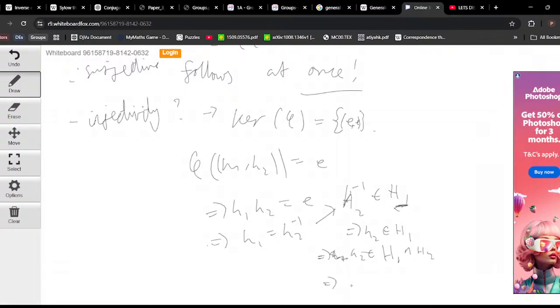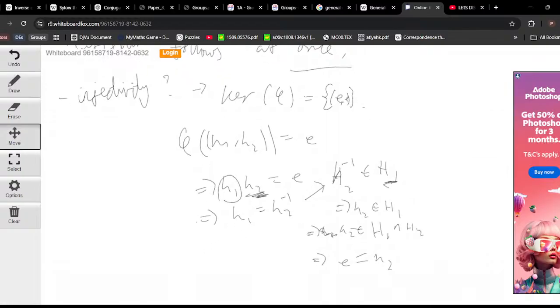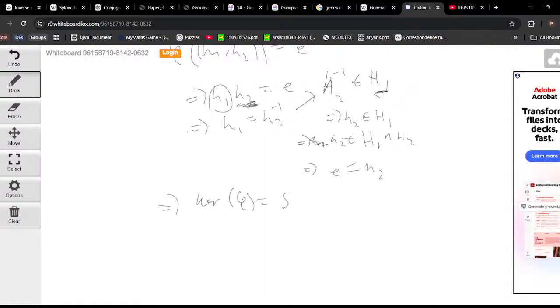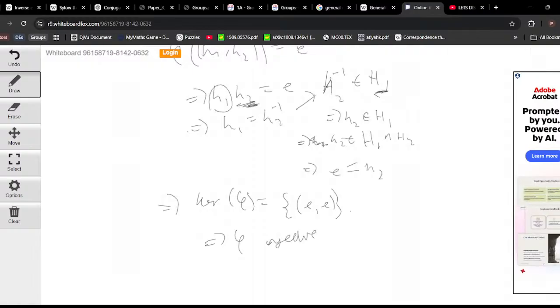But that means necessarily that E is equal to H2. So H2 is in fact the identity. If you plug that in, you immediately see that H1 is also the identity. So indeed, the kernel of this homomorphism is precisely just E, and that means that phi is injective. I'll talk about why in a second. And so we're done. That means phi is an isomorphism, which implies that G is indeed isomorphic to H1 cross H2.